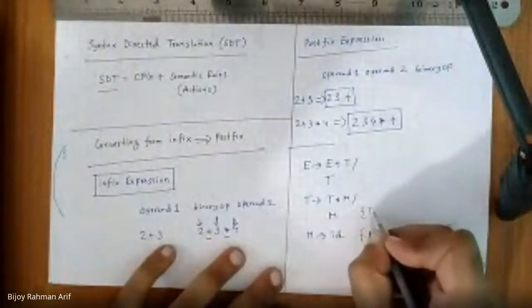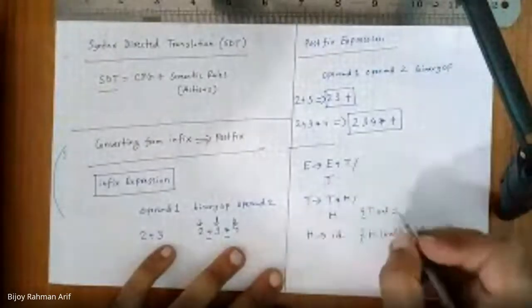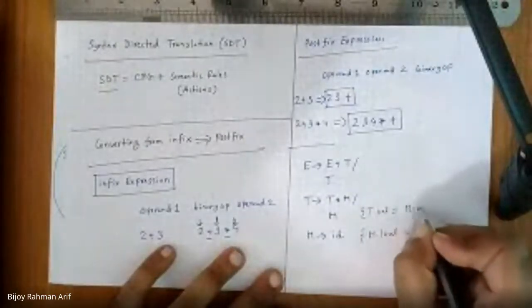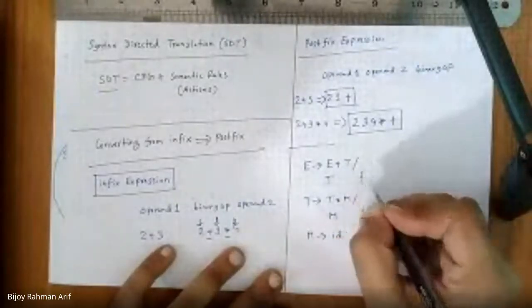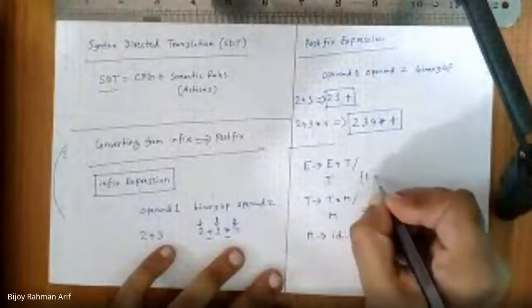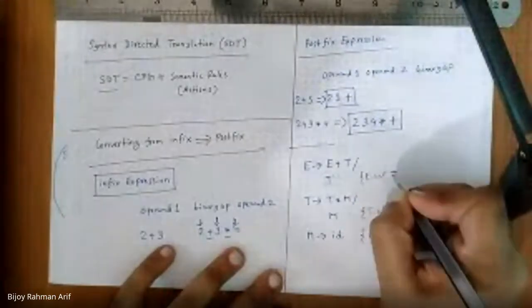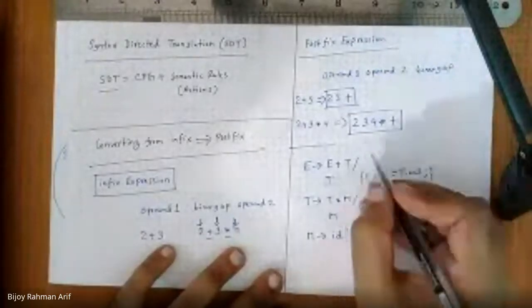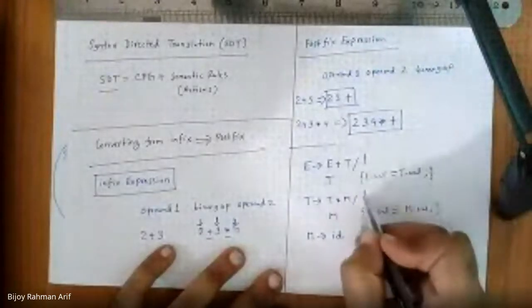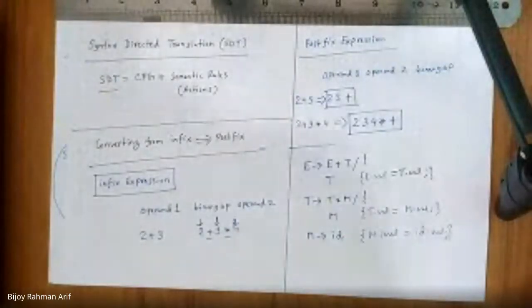T dot val, we are just passing the M value to T value. E dot val is nothing but T dot val. This one is easy. But how about these two? How can I write these two? What would be the solution?